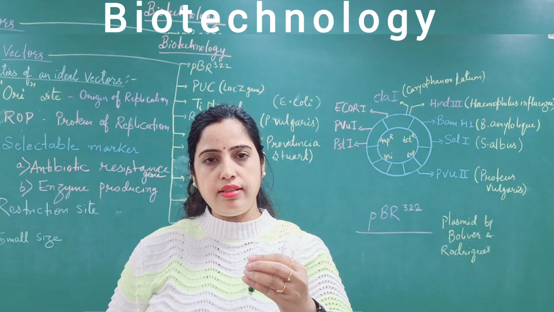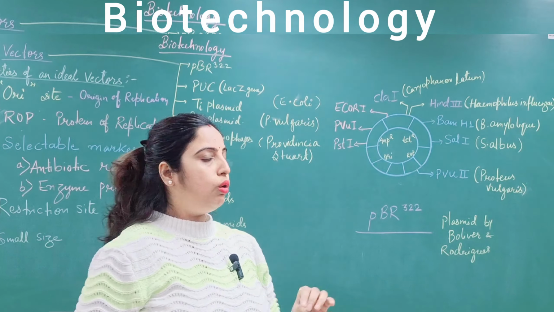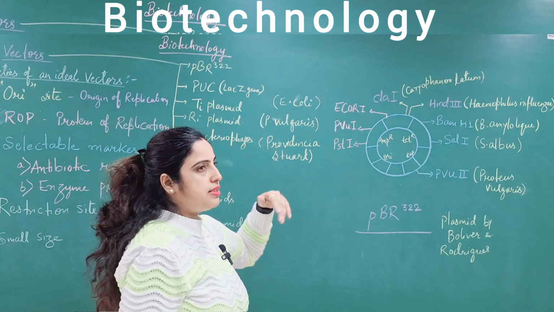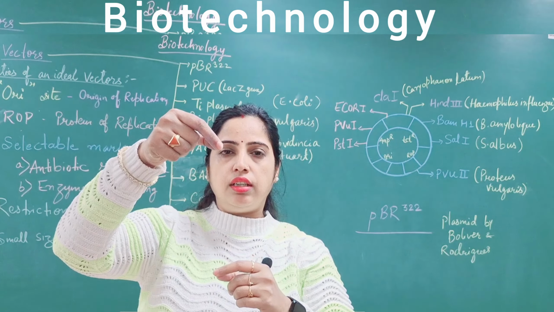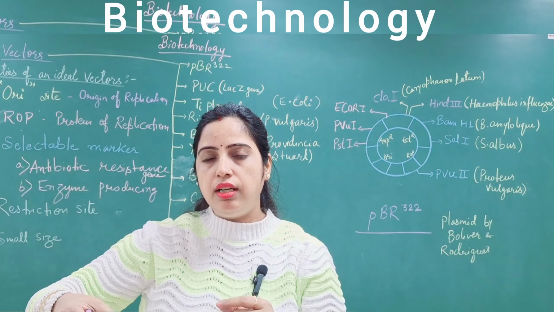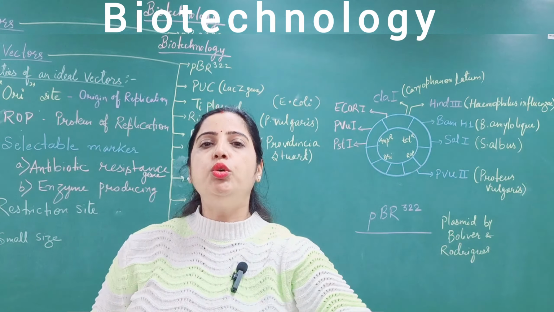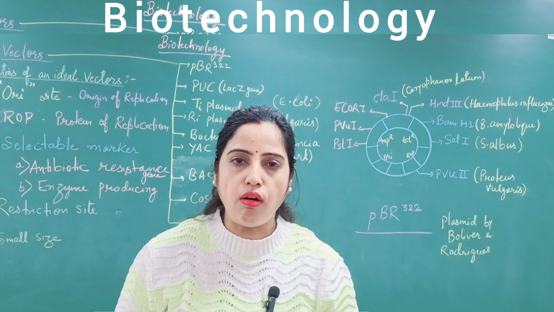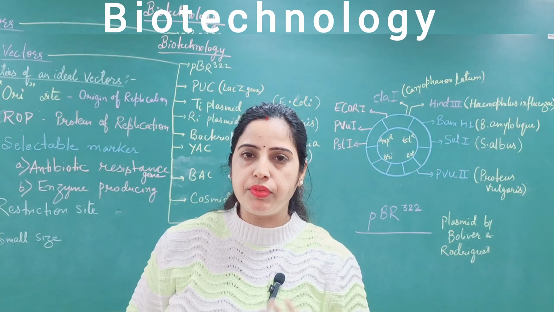These are the viruses which infect bacteria, isn't it? So these bacteriophages will be transferring the DNA or the genetic material into the bacteria. So while transferring their genetic material, you might use them as your vector to take your desired gene, isn't it?